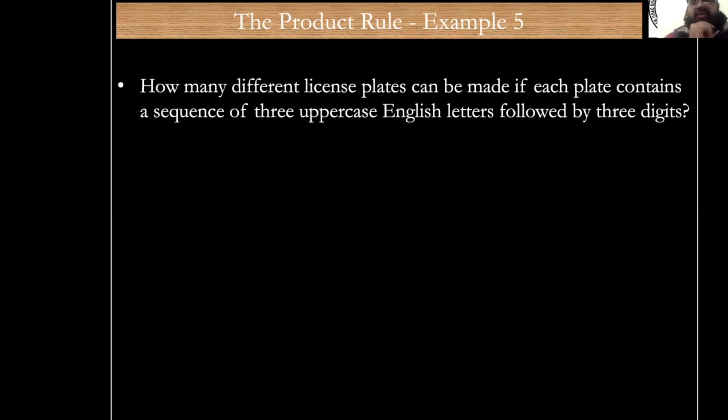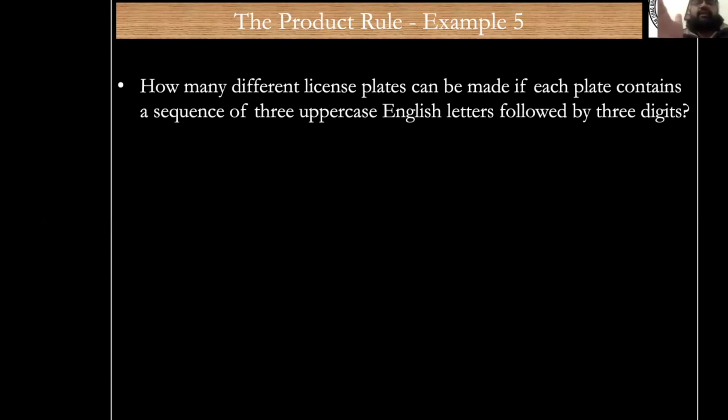And these are then followed by 3 digits. So again, you have got 10 options for the 4th position, 10 options for the 5th position, 10 options for the 6th position. So the answer here would be 26 multiplied by 26 multiplied by 26 multiplied by 10 multiplied by 10 multiplied by 10 by the product rule. Because for each of the options, you can repeat the next letter as well. There's no limitation on that.